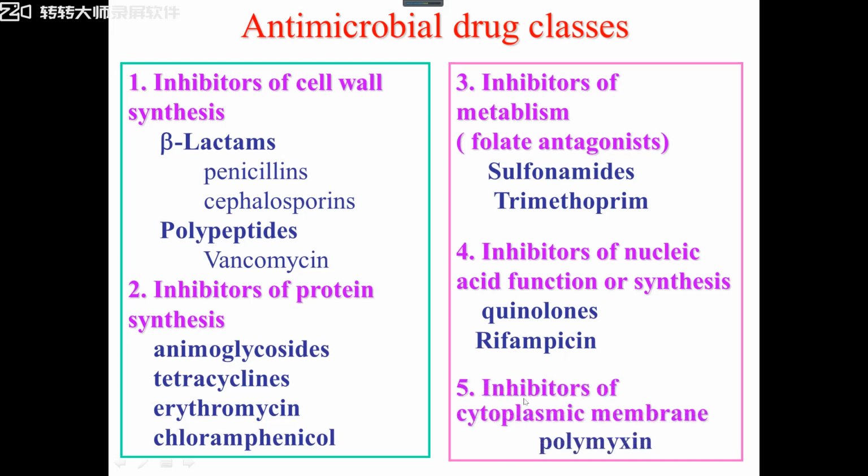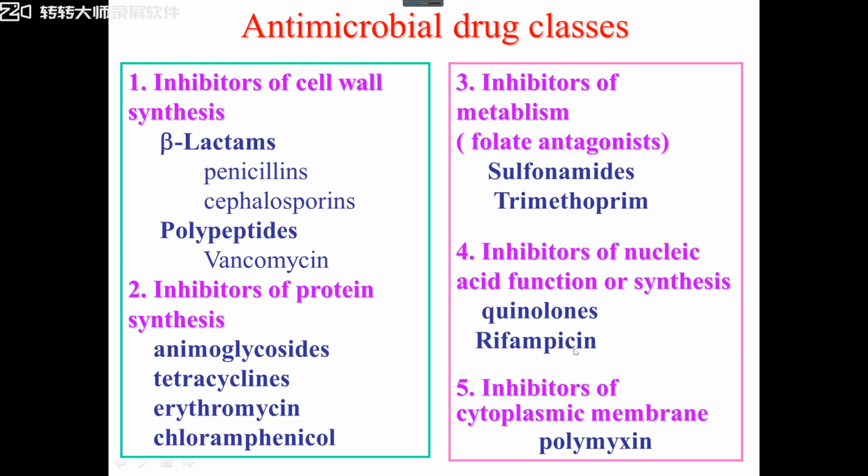The last category: inhibitors of the cytoplasmic membrane, such as polymyxin. In this class, we studied some professional terms, and we also divided antimicrobial agents into these 5 categories.